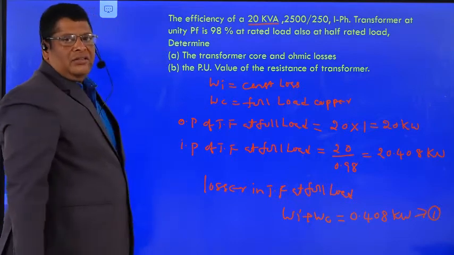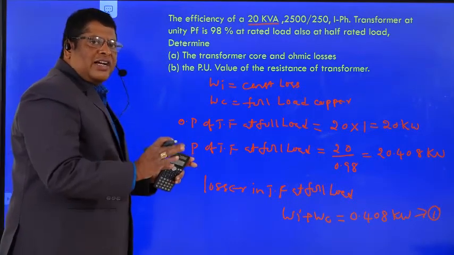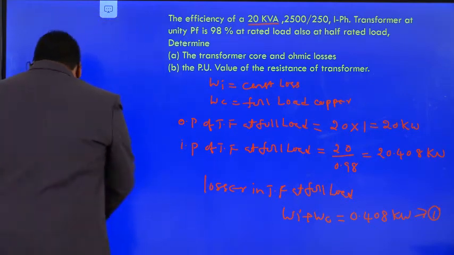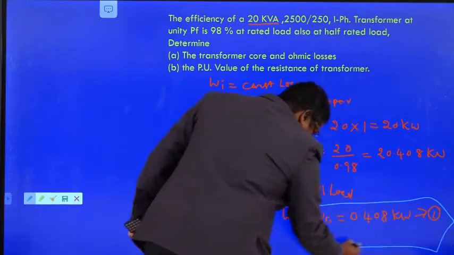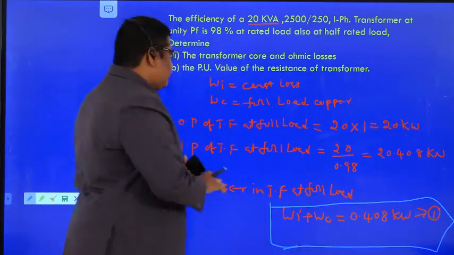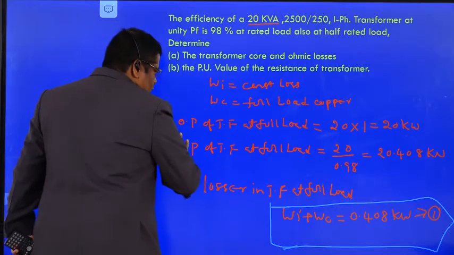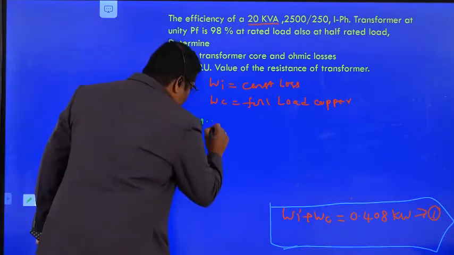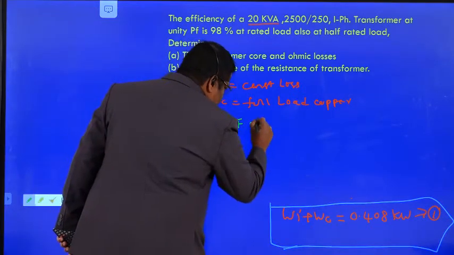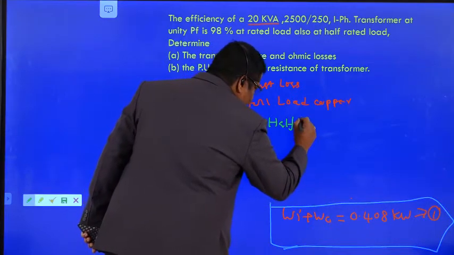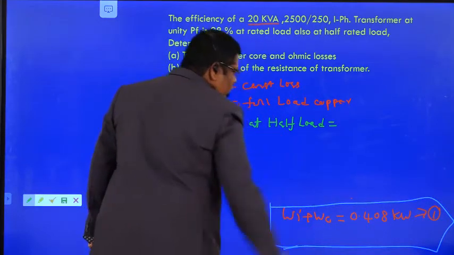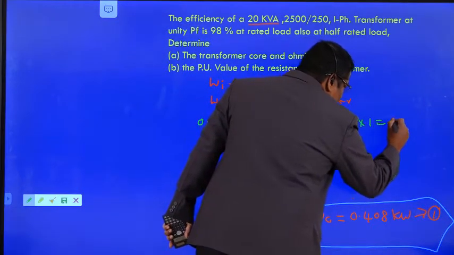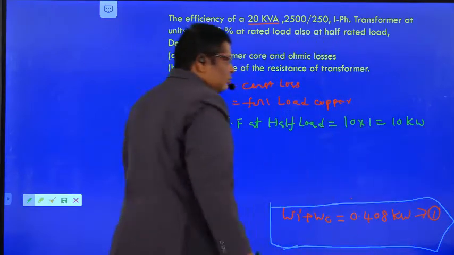In the same manner, we are going to find out how much loss occurs in the transformer at half load. Keep the previous value aside, which we got at full load. Now the output of the transformer at half load: full load is 20, half load is 10, into the power factor 1, so 10 kilowatt.